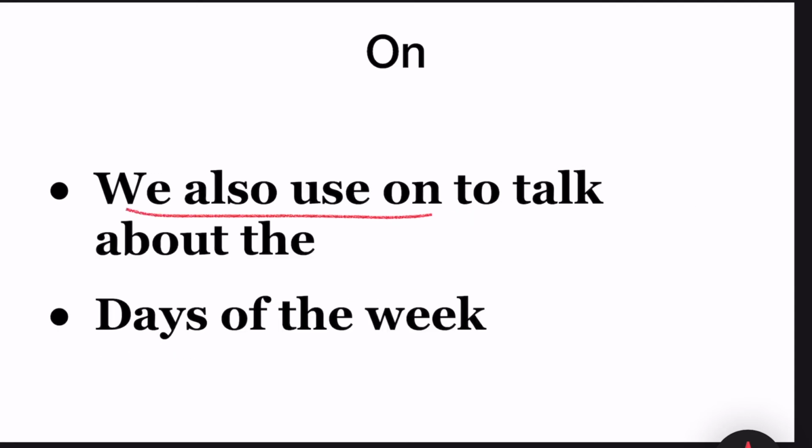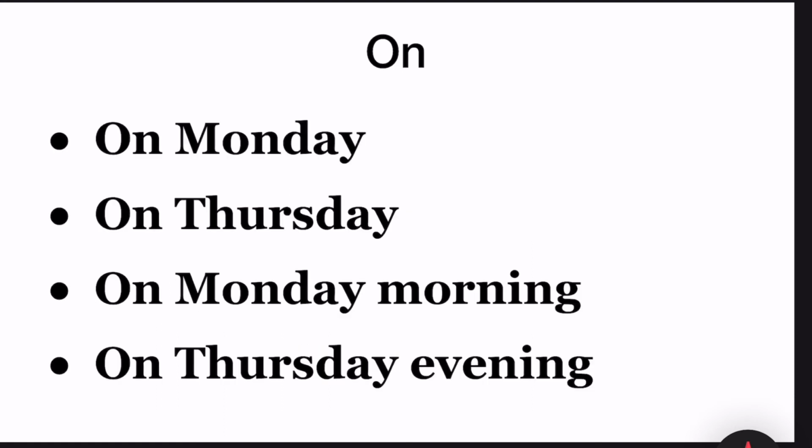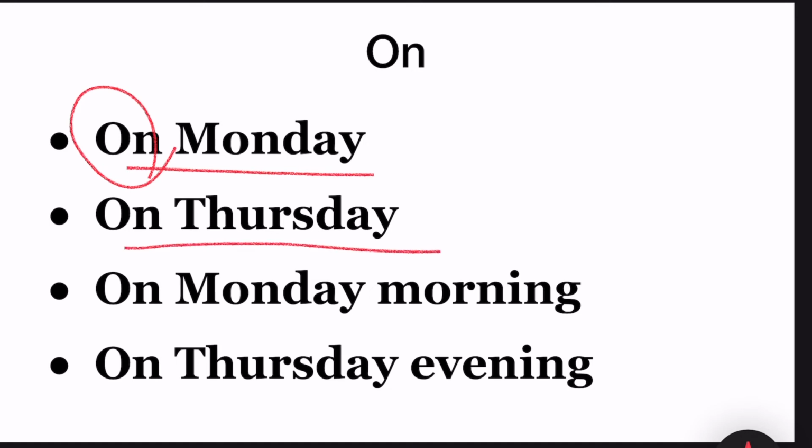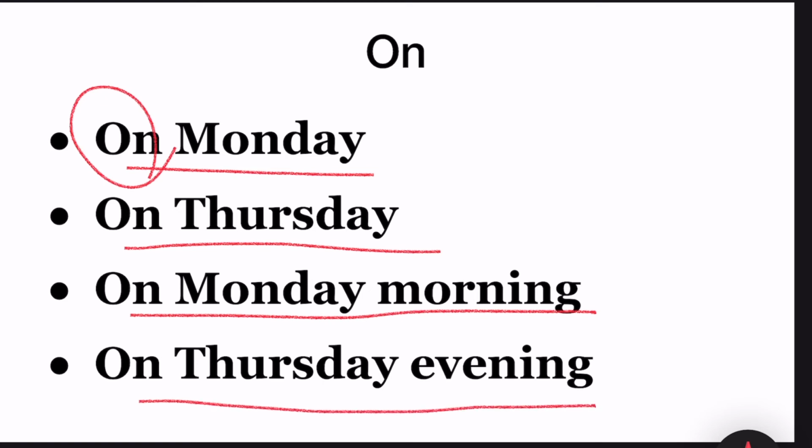We also use on to talk about the days of the week. Before the days of the week, we have to use the preposition on. Example: on Monday, on Thursday, on Monday morning, on Thursday evening.